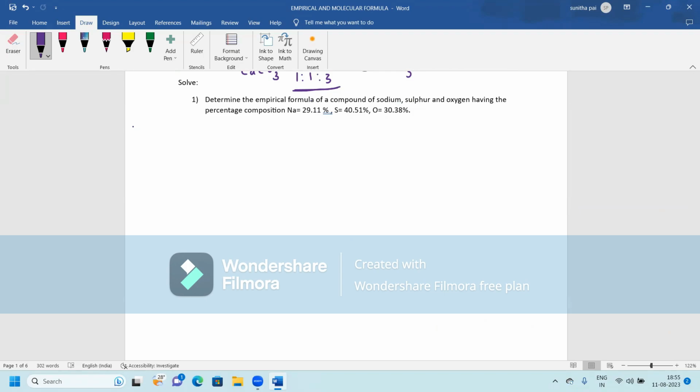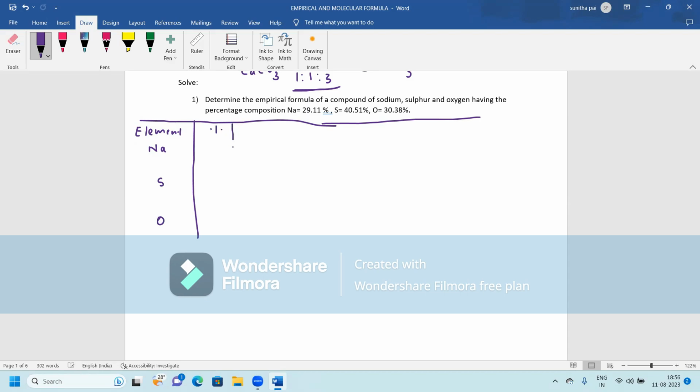So, first of all, we need to draw a table. Okay, so in that, the first column is for element. What are the elements present? I have sodium, then I have sulfur, and I also have oxygen.